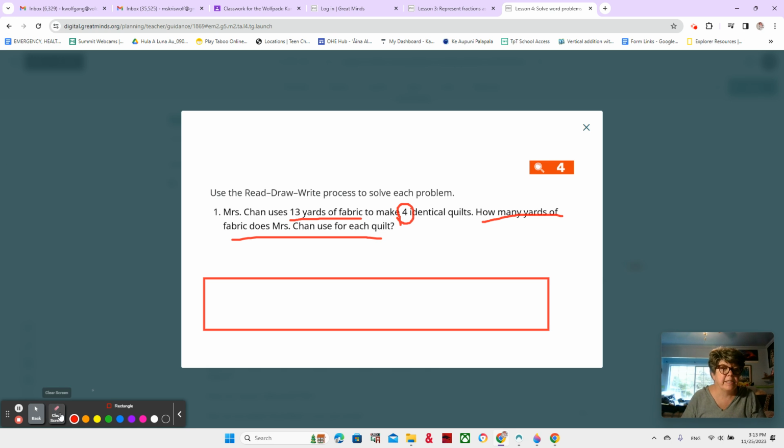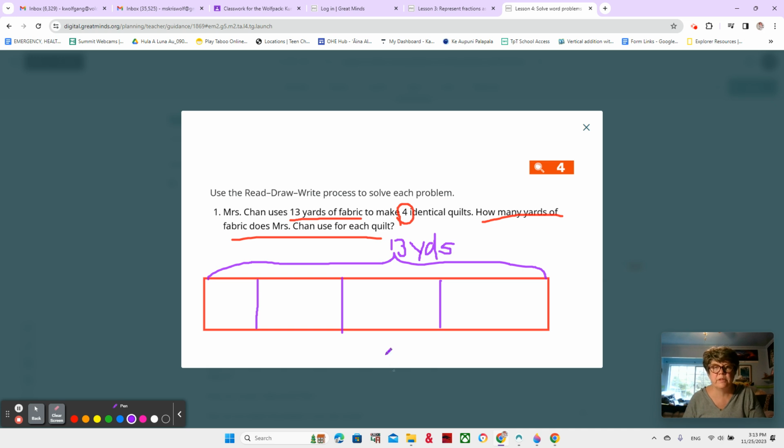So we're going to break it into 4 quilts ourselves. 1, 2, 3, 4. It does not have to be perfect. 3 lines makes 4 sections, and this total amount is 13 yards of fabric. And we have 4 identical quilts. And the question is, how many yards of fabric does she use for each quilt? So 1 quilt, right? It's all going to be the same.